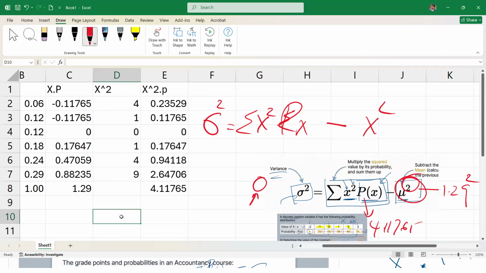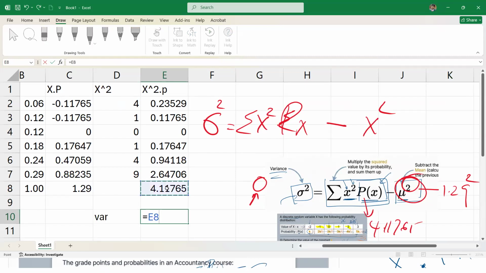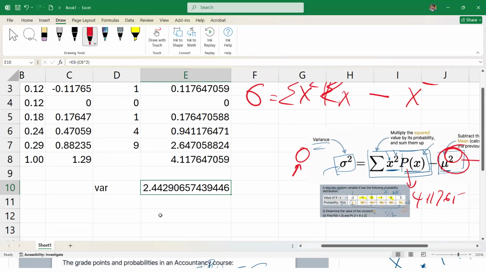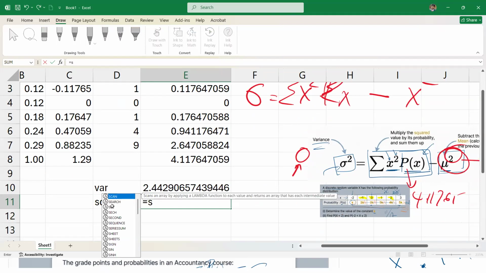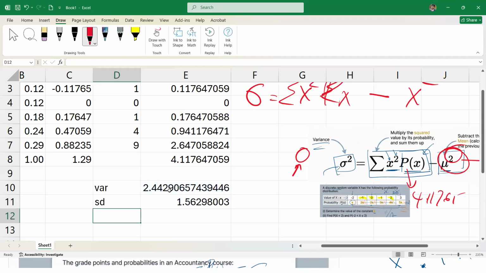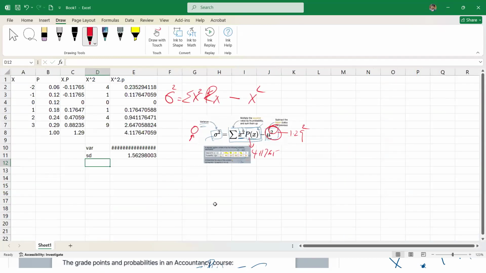Now variance equal this value minus, and we have to take the square of this value. So the variance equal 2.44, and the standard deviation should be square root of this, then 1.56. Let's check the answer.